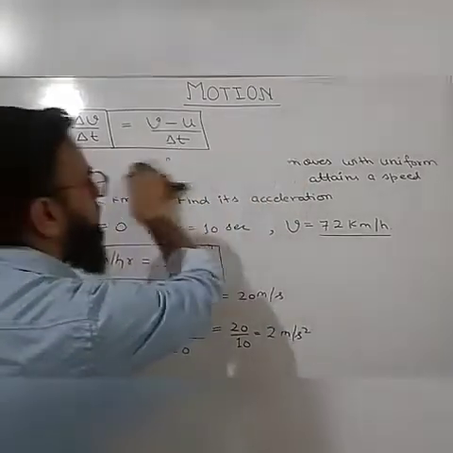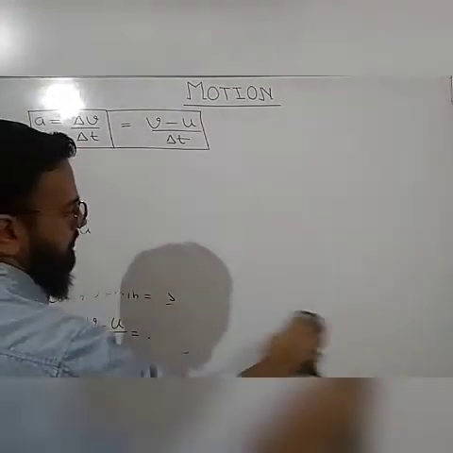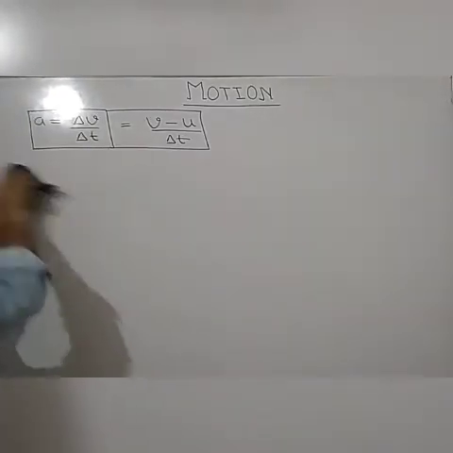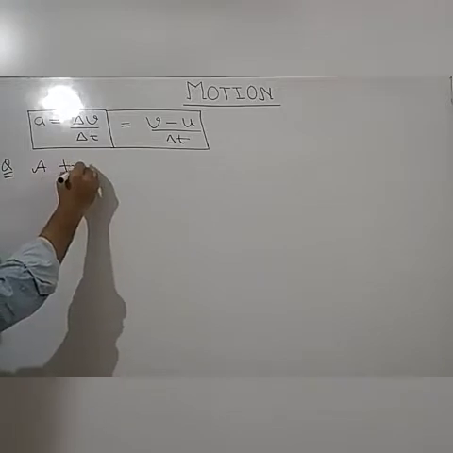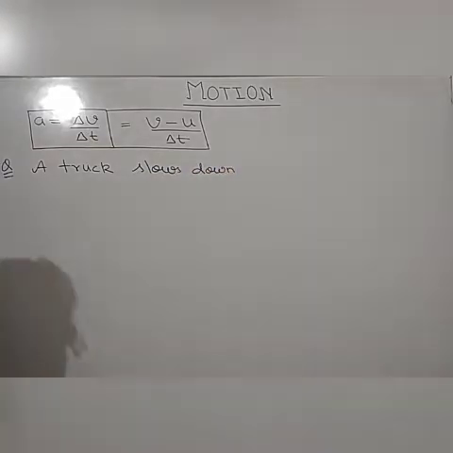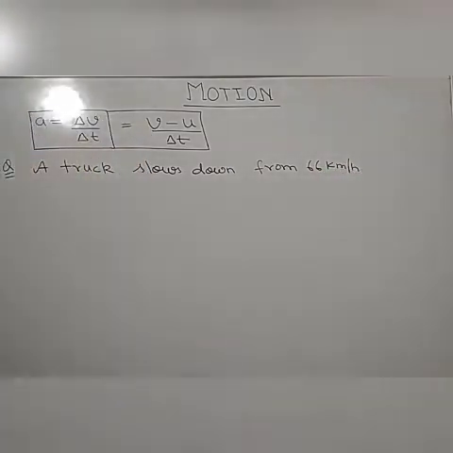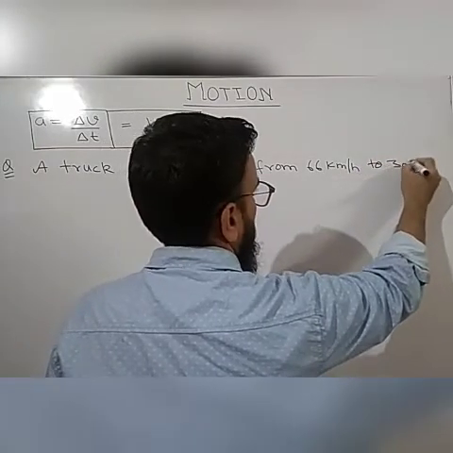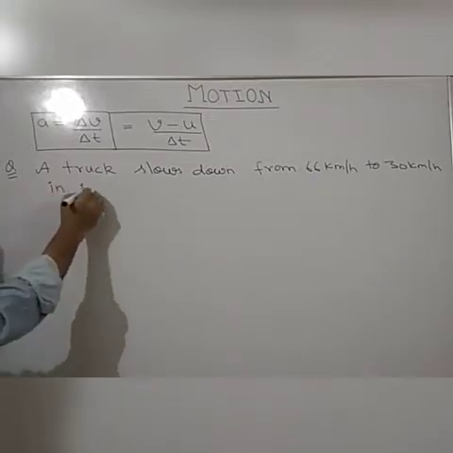Let us solve one more question. Now the question is, a truck slows down from 66 km per hour to 30 km per hour in 10 seconds.